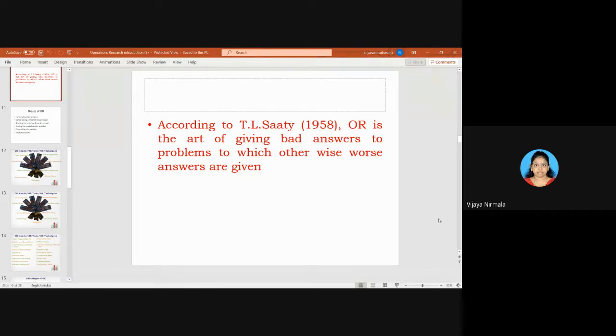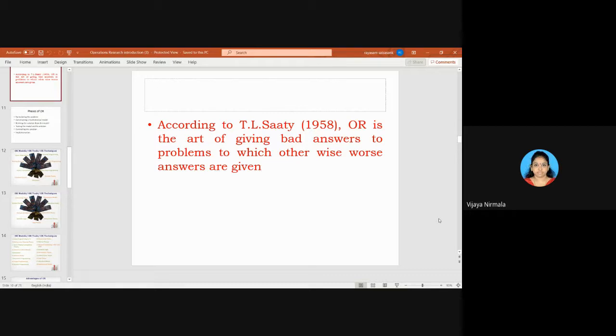It is not that with the available resources you can get high profits. Instead of the worst losses, you get less losses. If you apply some decisions in operations research, you will get less losses.